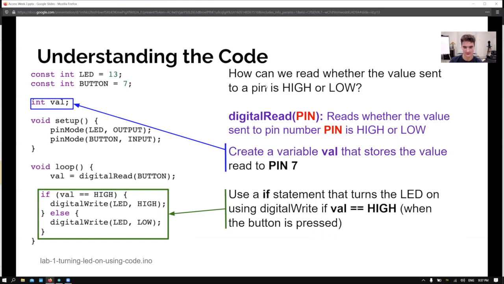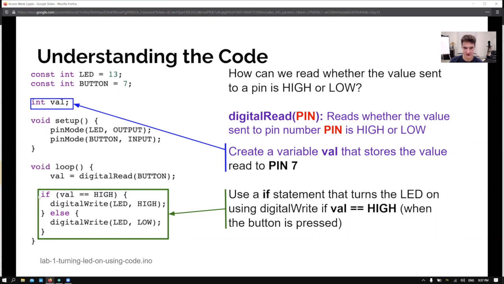The digitalRead function takes in a pin and reads whether the value sent to the pin is high or low. And here, int val, we create an integer called val, and that stores the value. And we read that from pin 7.